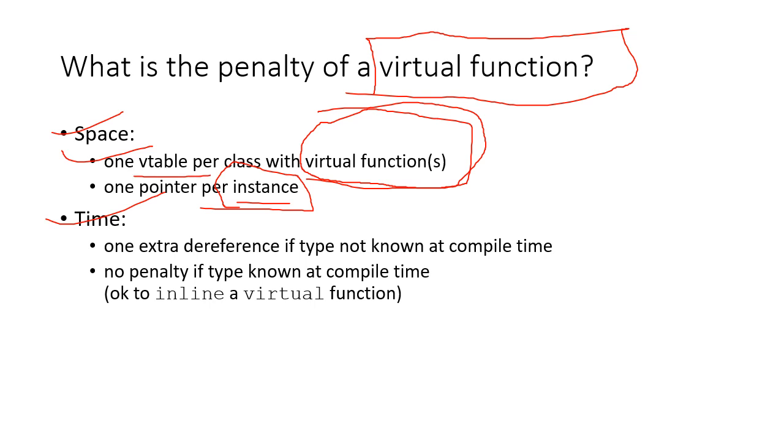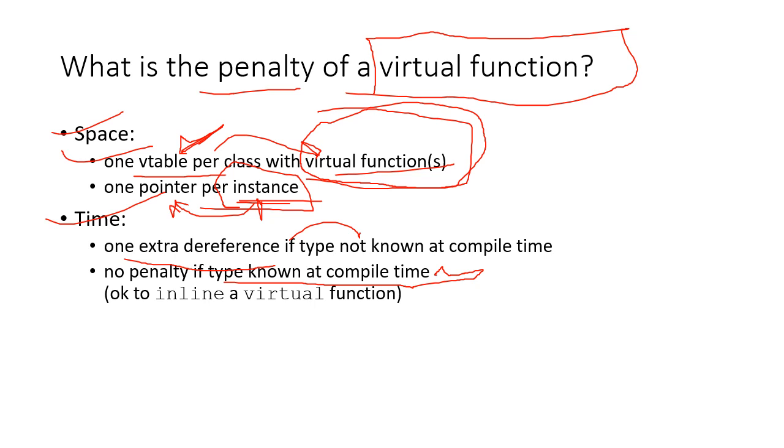One v table per class with virtual functions, and for the instance, one pointer. Per pointer, you have to pay a penalty. Then for time, one extra dereference if the type is not known at compile time, and no penalty if the type is known at compile time.